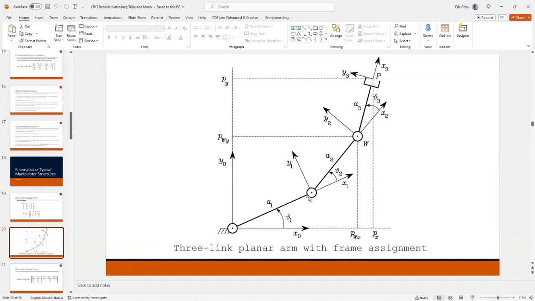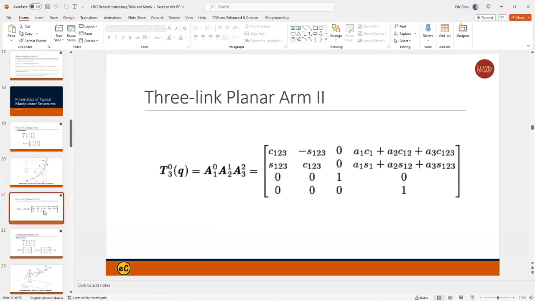So here, let's assume that we have 3 rotators, so 3 angles: theta 1, theta 2, theta 3. And then you can come up with a 3-link planar arm.